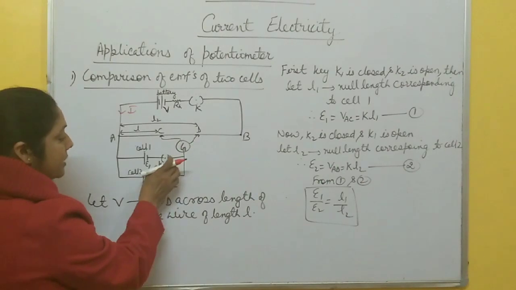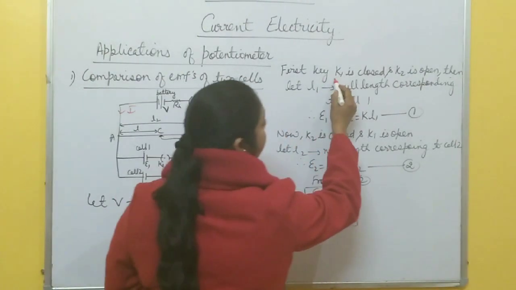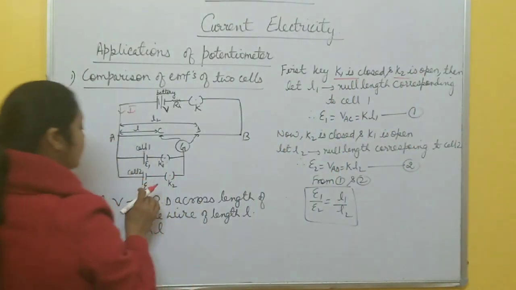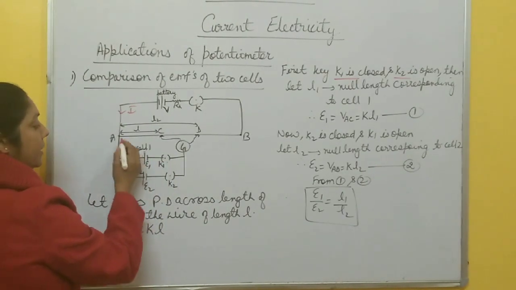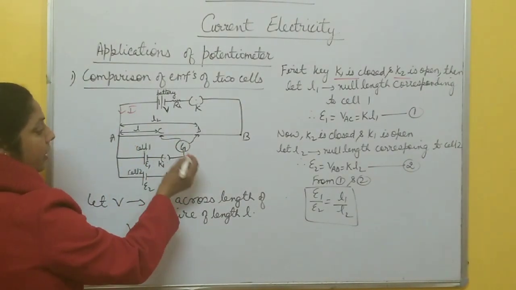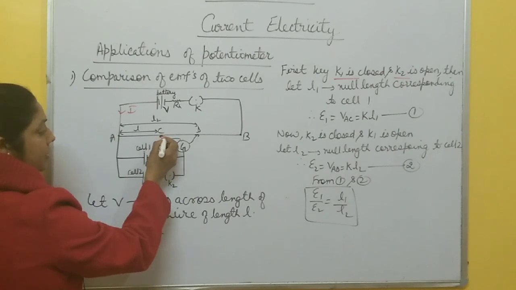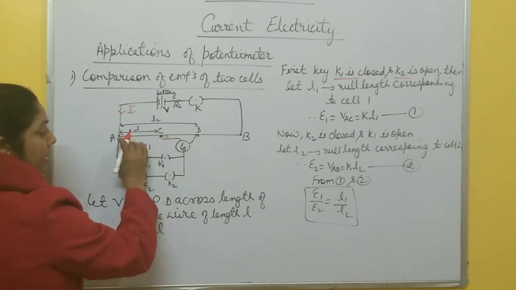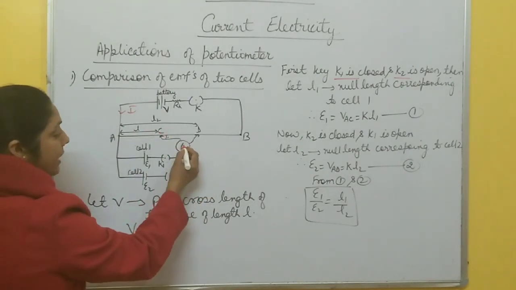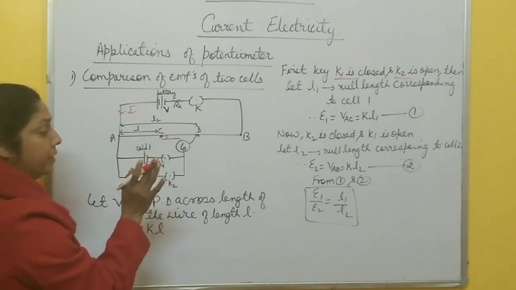So first key K1 is closed and K2 is open, so that current only flows through this cell. Now adjust this jockey along the length of the wire so that the galvanometer shows no deflection.